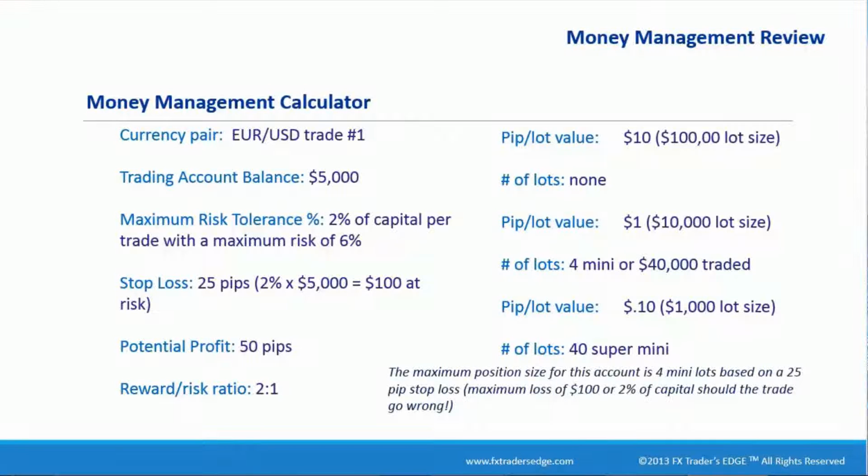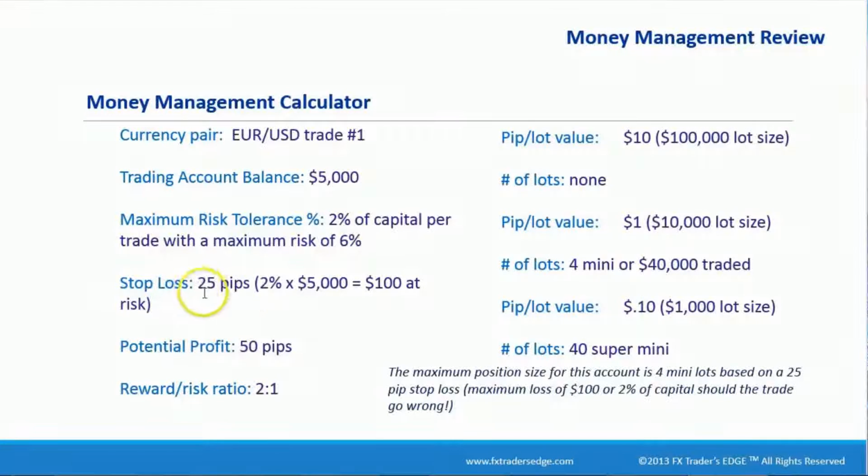The pip per lot value is $10 per $100,000 lot size, or it's $1 per $10,000 lot size. That's how it works on the currency trading platforms that many of you are familiar with.